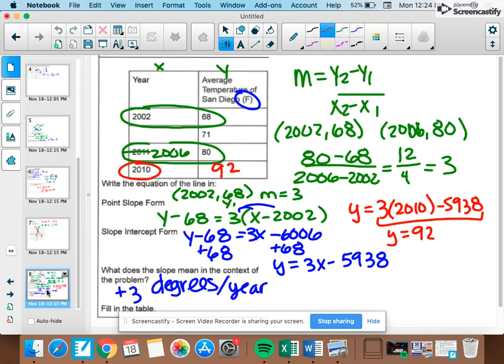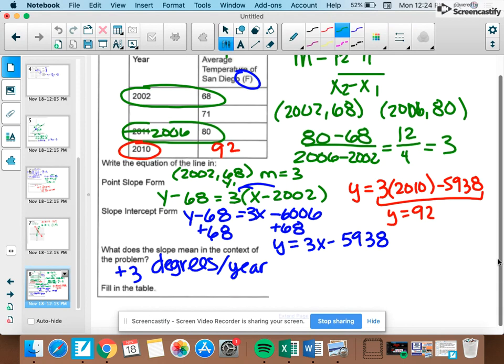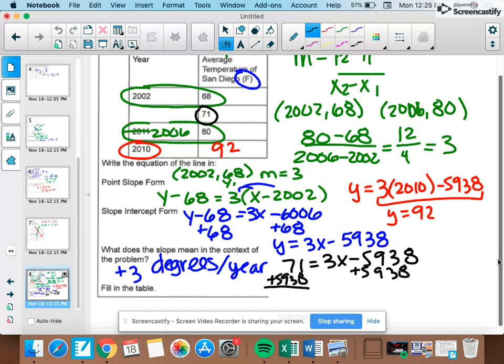Now the other one with the 71, we're going to have to work backwards here. So I'm going to take that 71, and that's my y value. So I'm going to put that in for y. So I'm going to get 3x minus 5,938 equals 71. Then when I move that 5,938, I'm going to get 6,009 equals 3x, and then we're going to divide by 3.